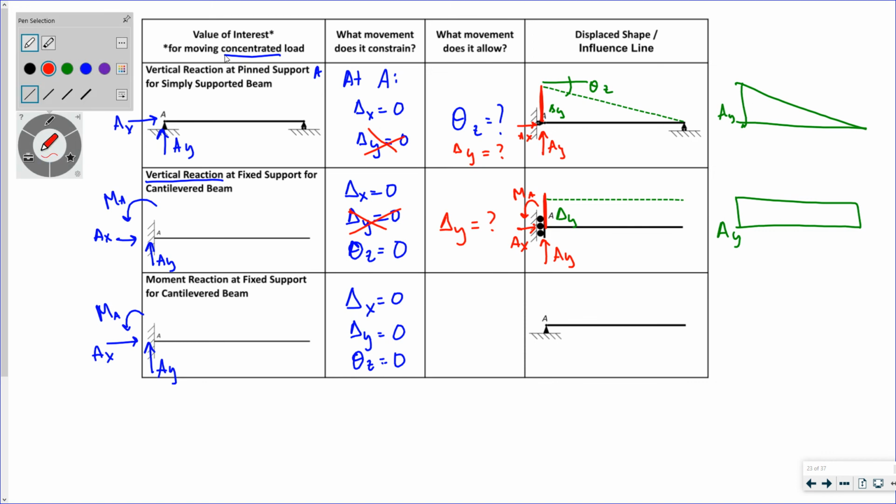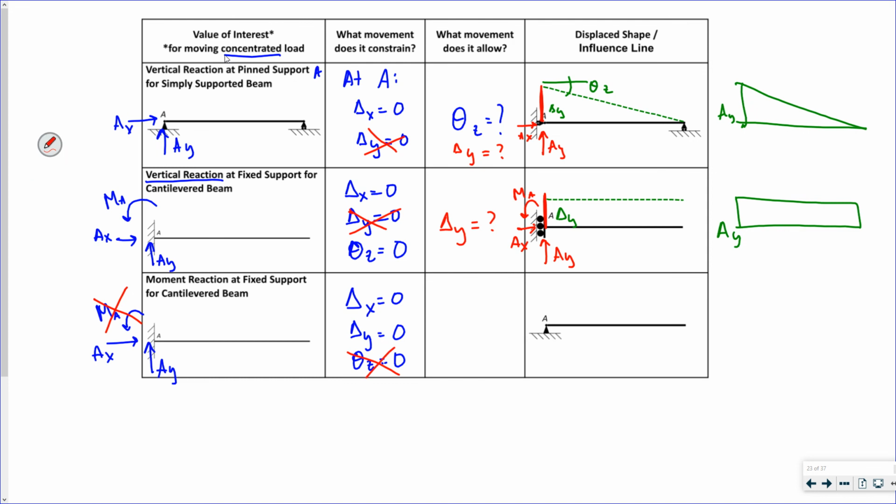Now I want to find the moment reaction at A, the influence line for that. So I'm going to take it out. So now I'm going to allow rotation.